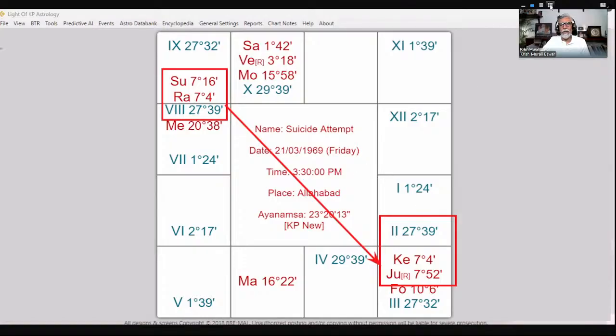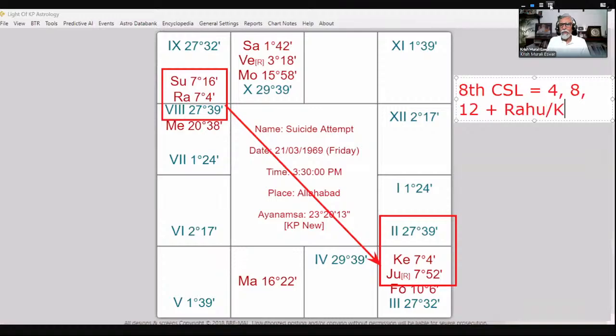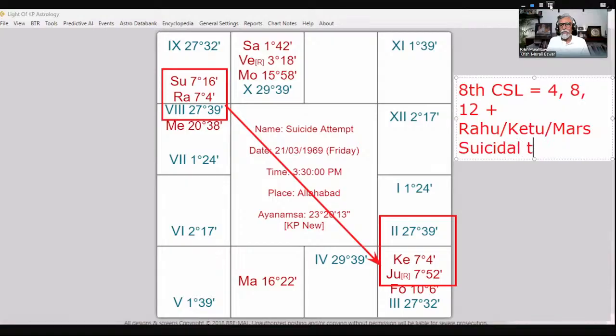So whenever you see this 8 CSL signifying 4, 8, 12 with Rahu, Ketu, Mars, this is suicidal tendency. Just for an example, I gave you this.